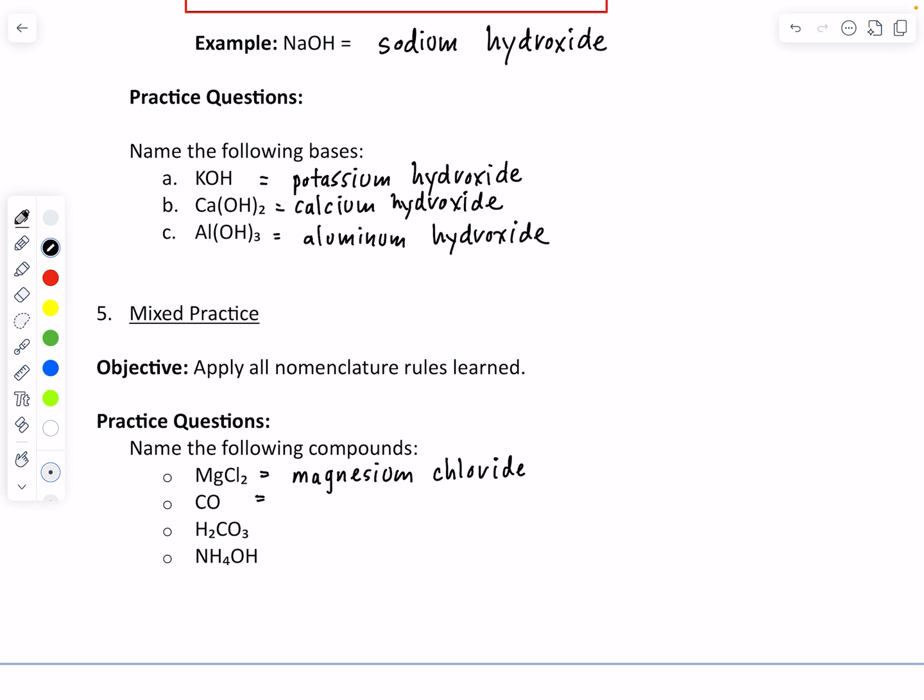Note, both carbon and oxygen have only one atom. So we're going to use the prefix mono, but not on the first carbon, only on the second single atom, which would be monooxide or monoxide, because we don't write a double O.